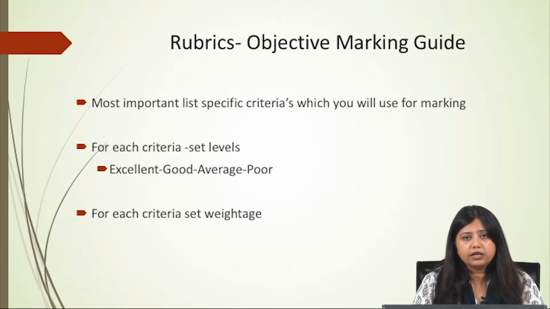Now for each of these criteria, the next thing is to set levels. Just take one example, communication skill. If I'm marking on communication skill, I need to set different levels like excellent, good, average or poor, and then describe what excellent communication skill means and how excellent is different to good, average and poor.